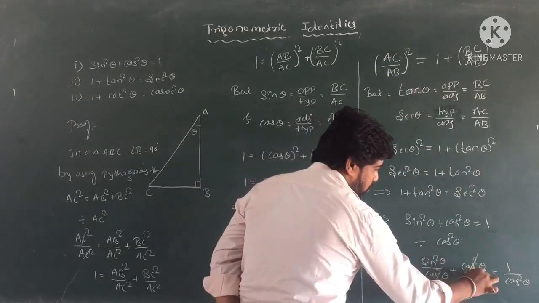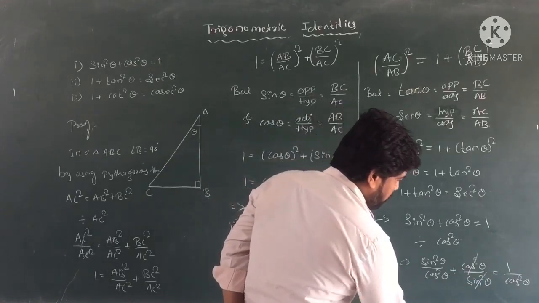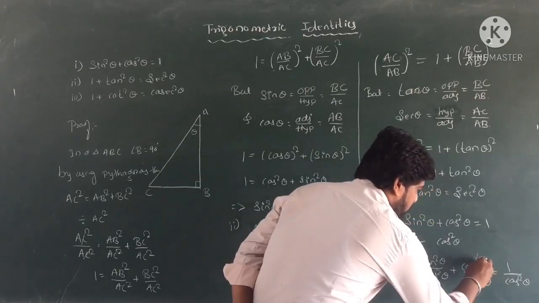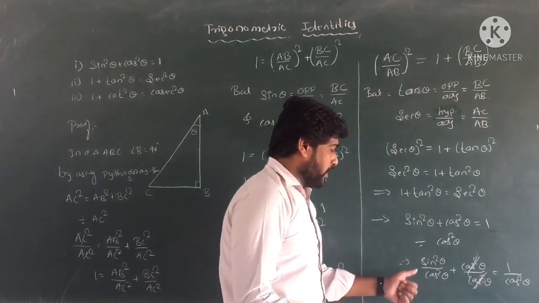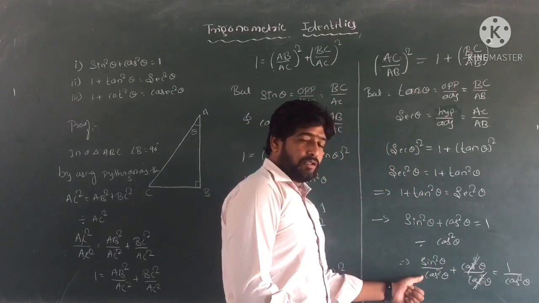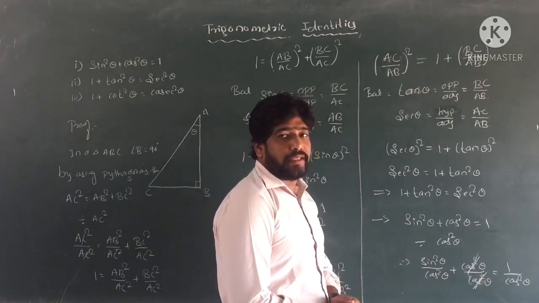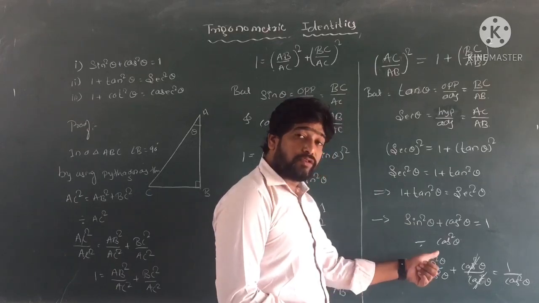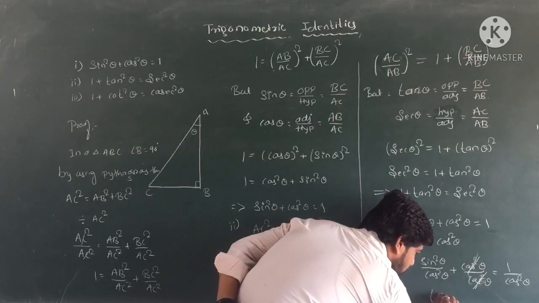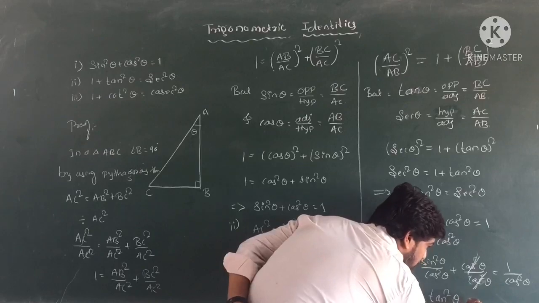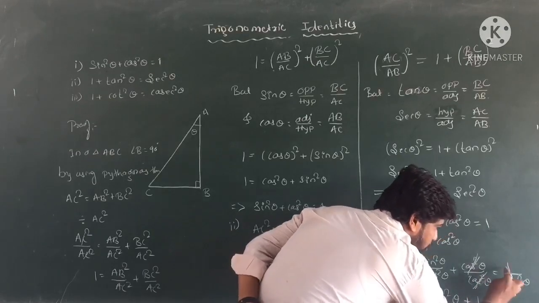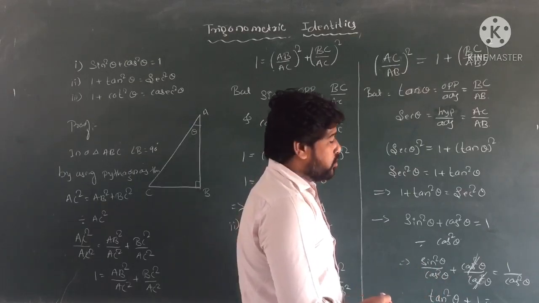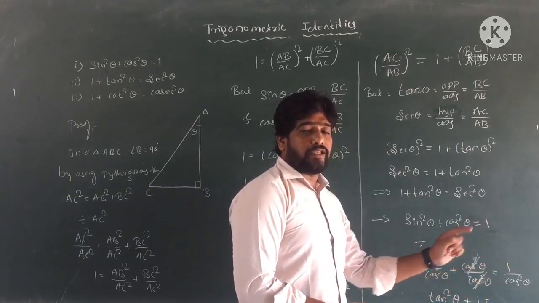Right? So here cos square gets cancelled in the second term. We have sin square divided by cos square. We know that sin by cos is equal to tan, so sin square divided by cos square means tan square theta. So we can write tan square theta plus 1 is equal to 1 by cos square theta, and 1 by cos is sec, so sec square theta.